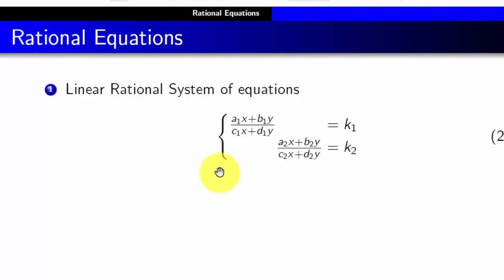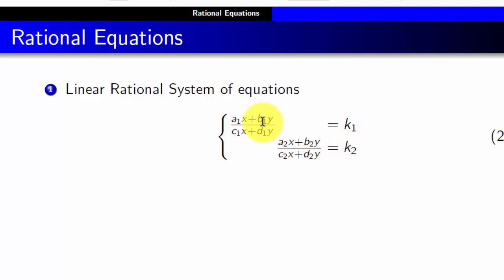Linear rational system of equations has the following general form: (a1x + b1y) divided by (c1x + d1y) is equal to k1, this is the first equation, and (a2x + b2y) divided by (c2x + d2y) is equal to k2, this is the second equation.